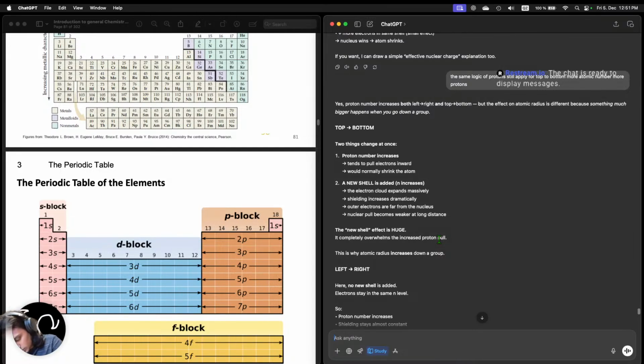So now it's ionization energy. That's the energy required to eject an electron from the outer shell. Ionization energy decreases from left to right.